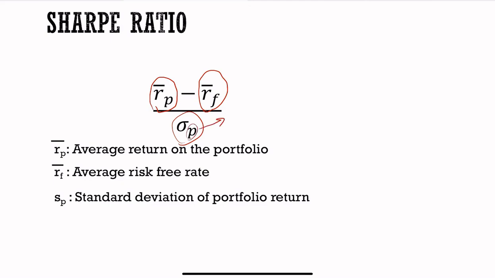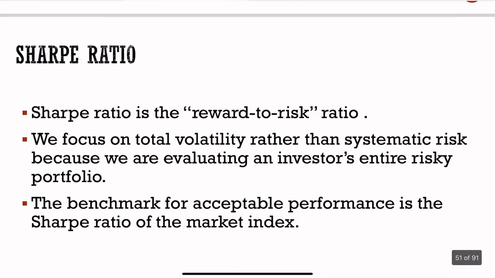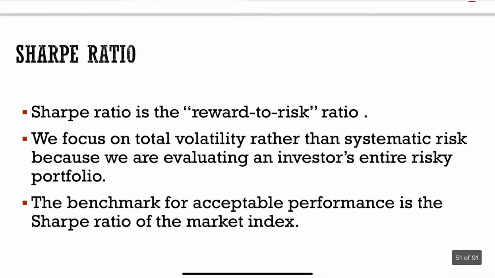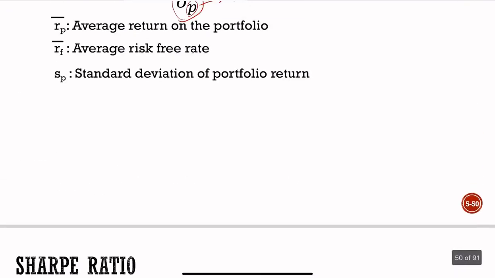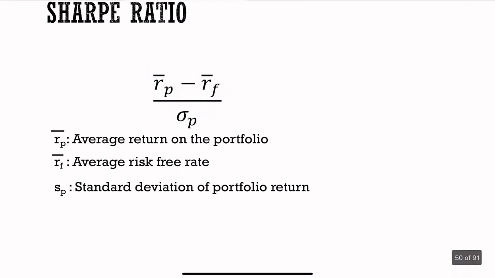Here P refers to the portfolio you wanted to evaluate. And you can see that Sharpe ratio is a reward to risk ratio, right? This is your reward, the excess return, the additional return you get above the risk-free rate. And then this is the risk. To get this additional reward, you have to bear the risk, which is measured by standard deviation.